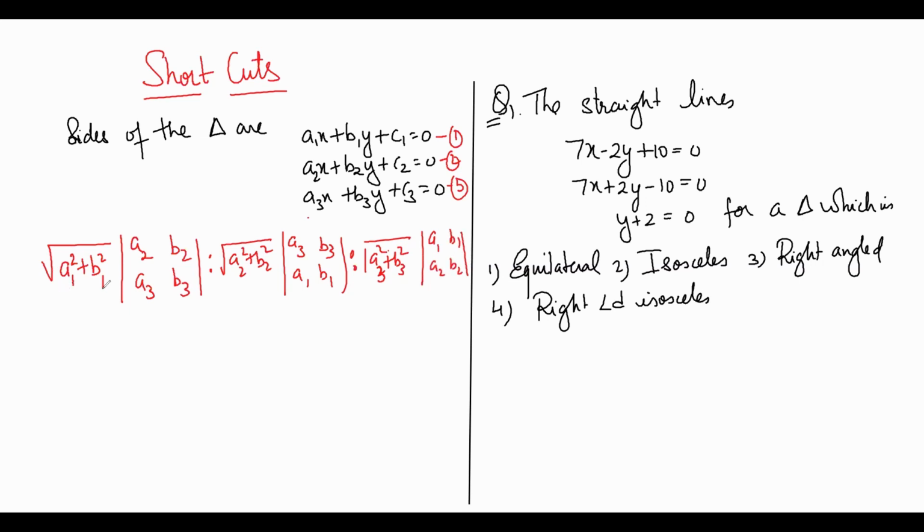First of all, A1 B1, and in the first and third ratio, the order is ascending, A2 B2 above and then A3 B3. Same here in the last, A1 B1 above and A2 B2. But in the second part, the order is reversed. A3 B3 is on the first row and A1 B1 is on the second row. I hope you can learn this. If you change the order, then again you will get the answer.